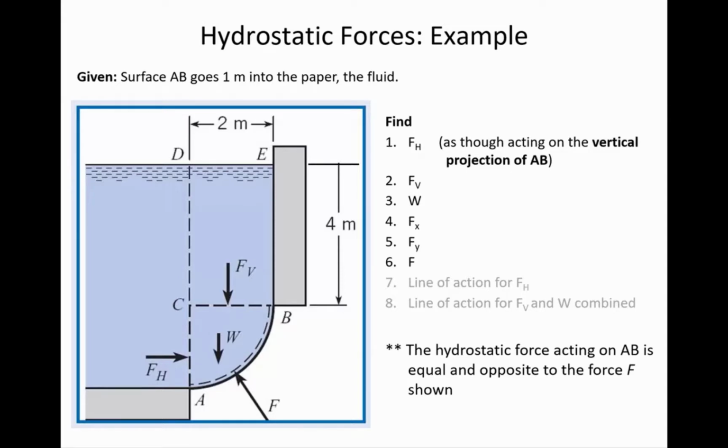Remember, if it's vertically oriented, then that's easy because Y bar and delta H are the same thing. So before anything else, what I'd like to do is I'd like to pause and ask you to calculate what is FH, both what's the magnitude of it and also what's its location.